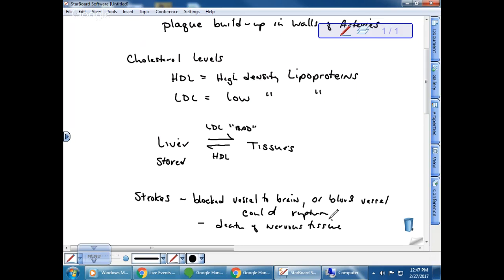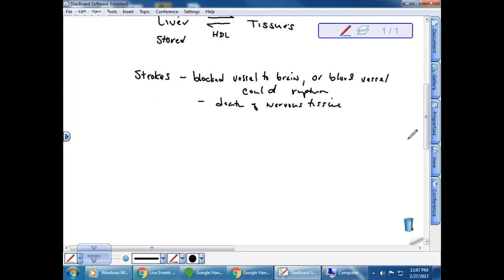Okay. So they talk about stroke attacks being able to detect the signs versus heart attacks, right? So in heart attacks, we get death of the cardiac muscle. And so this is a blocked coronary artery. Right?